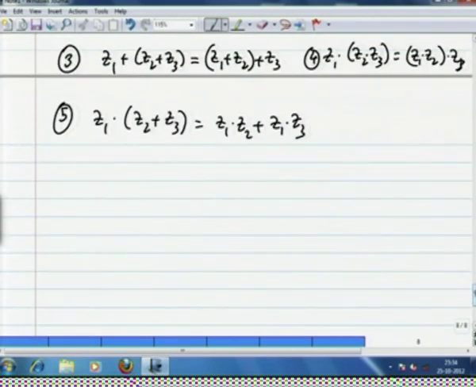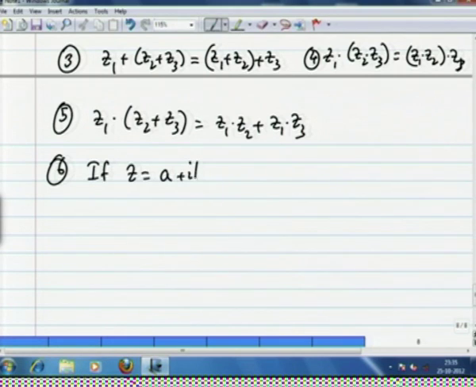Notice that addition does not distribute over multiplication. So it is not true that z1 plus (z2 times z3) is (z1 plus z2) times (z1 plus z3). So, this is multiplication distributing over addition.